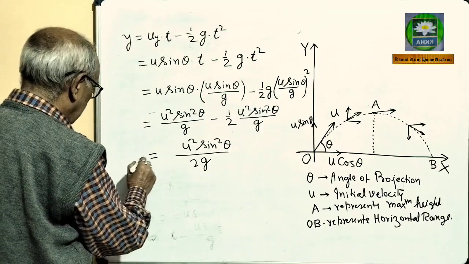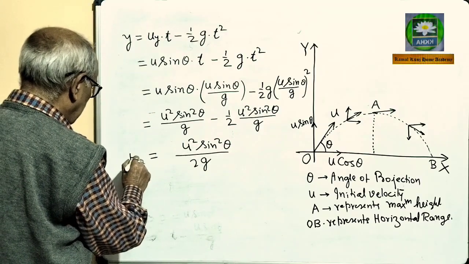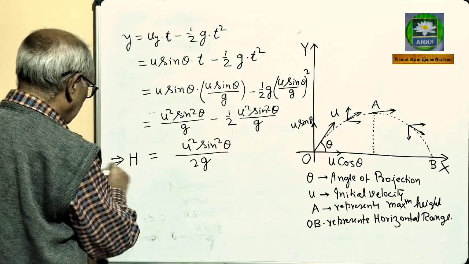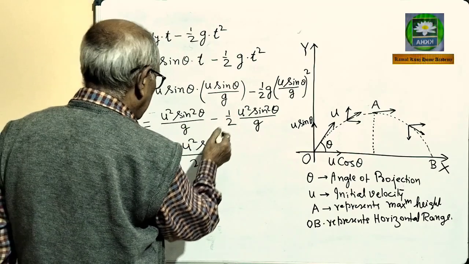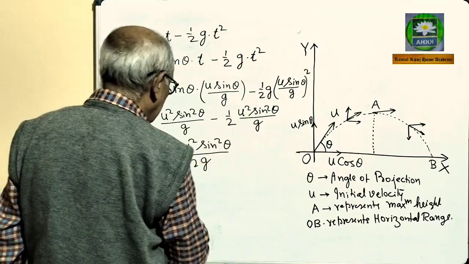So this is the maximum height reached by the particle, u square sin square theta upon twice g.